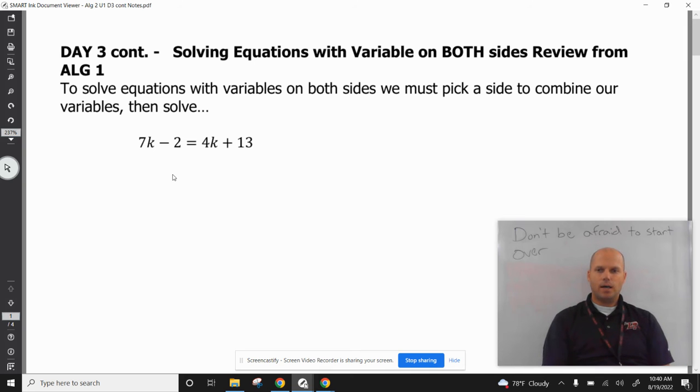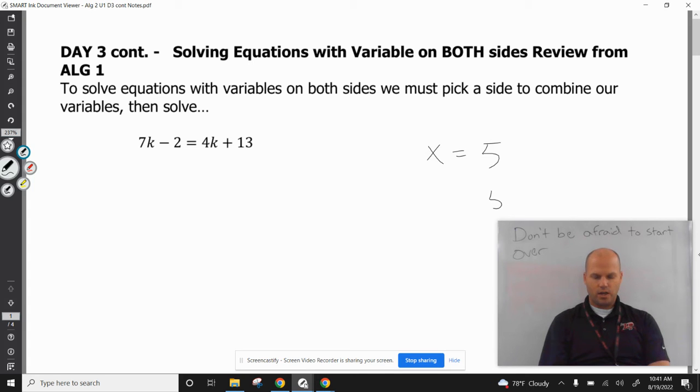Some things that I differ from other teachers is I'm okay with variables being on either side. I told you in the past videos, you don't have to have x equals 5 like that.